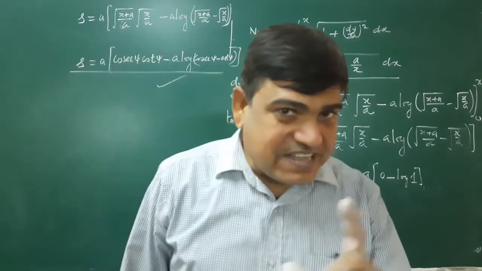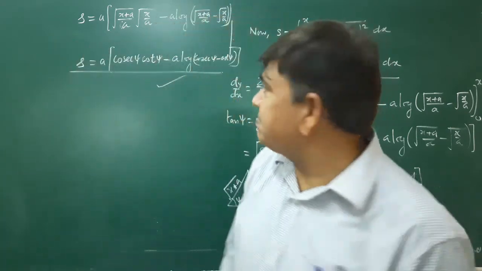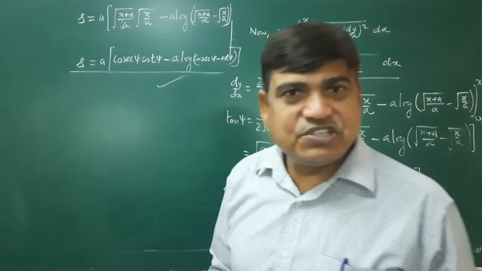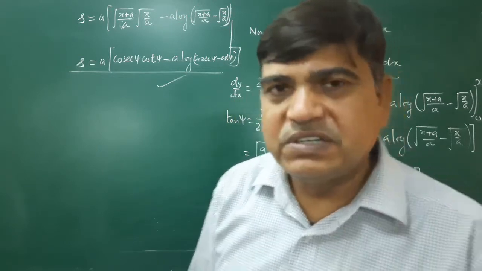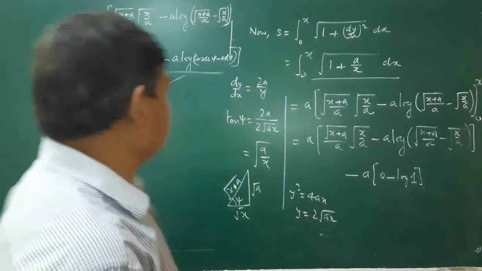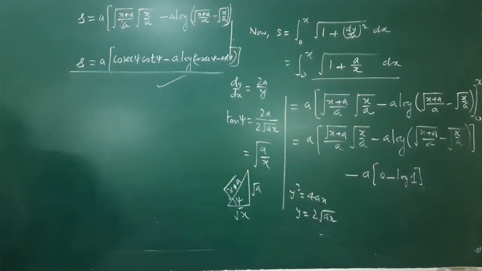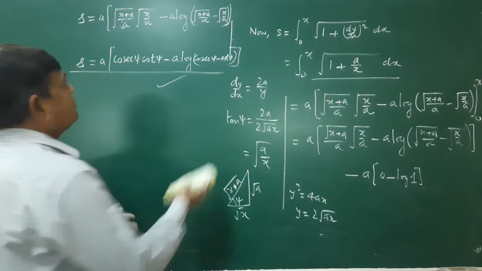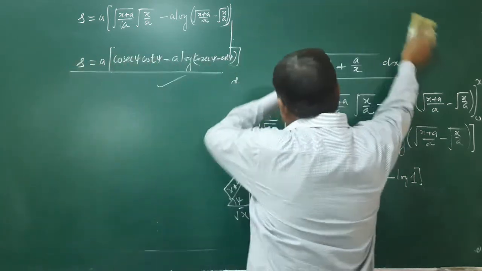So this is time consuming, but remember we got the answer, but this is not given in the book. In the book an alternative method is given, so let us discuss that also. Definitely it is time consuming.